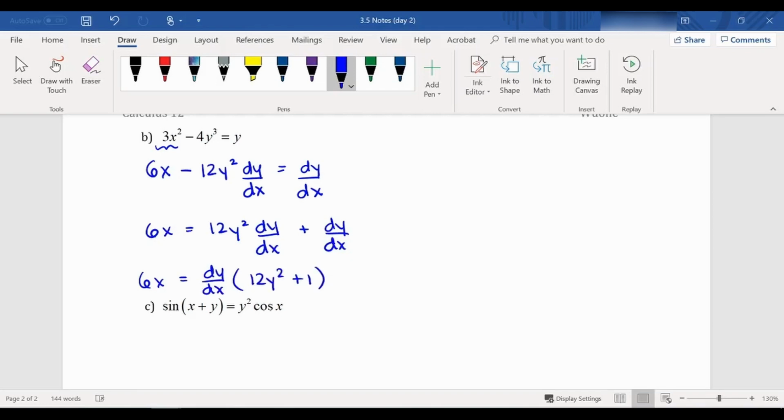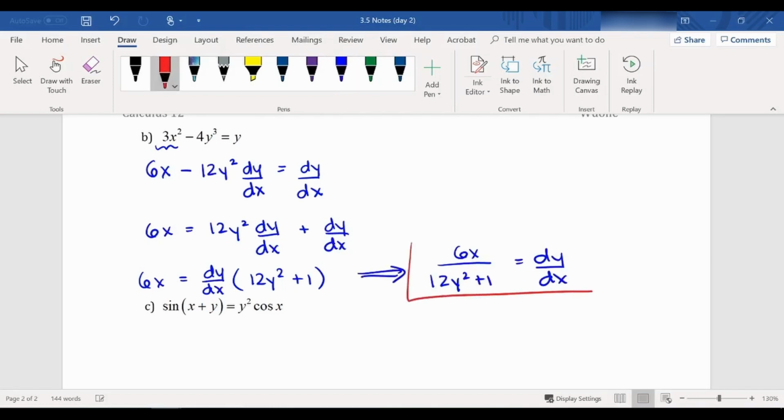And again, my job is to isolate dy dx. So my last step would be to divide both sides by 12y squared plus 1. We cannot simplify this at all. We're going to leave it like this. We are done.